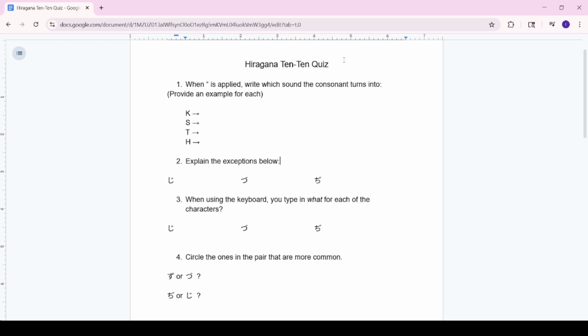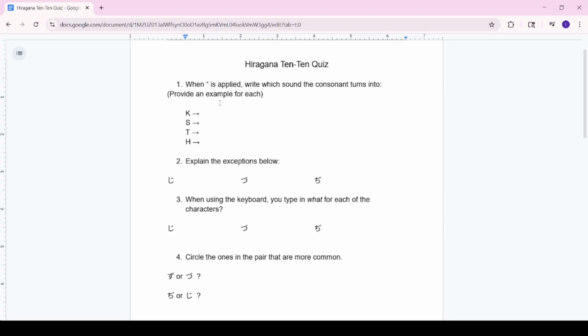So it's just important to have these quizzes occasionally to make sure that we're all on the same page. So anyway, the last lesson was just teaching about the 10-10 symbols. So if you don't know what that is, go back and watch it.